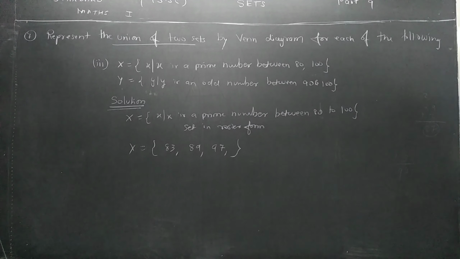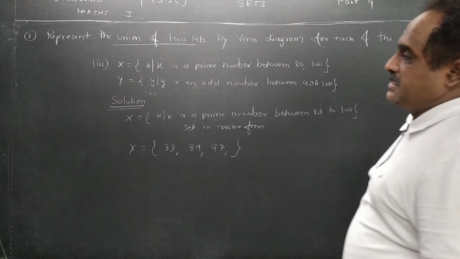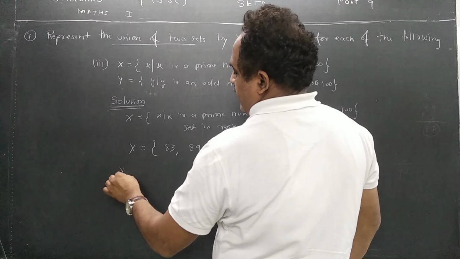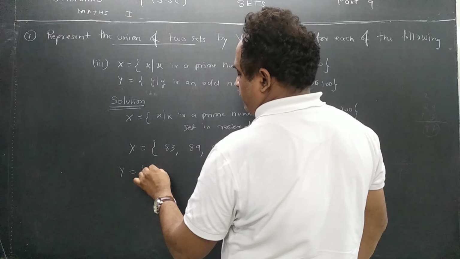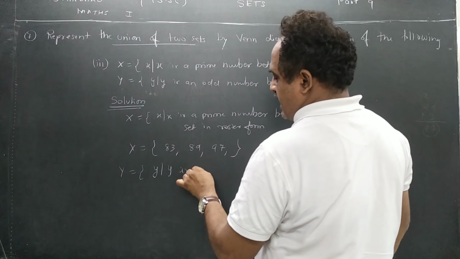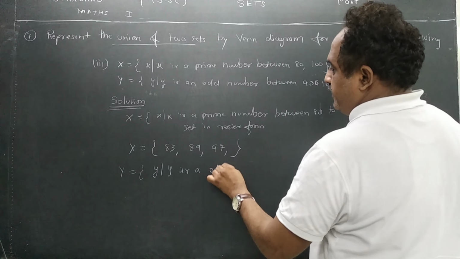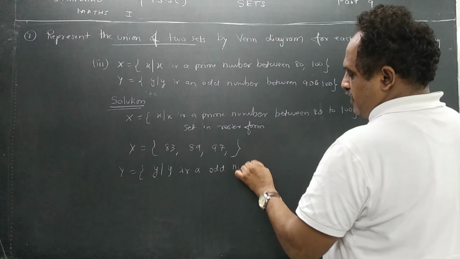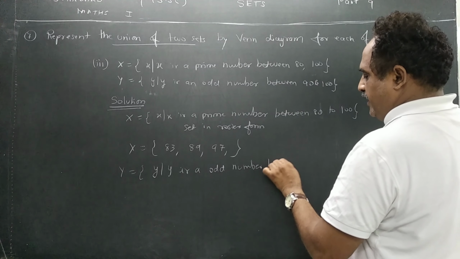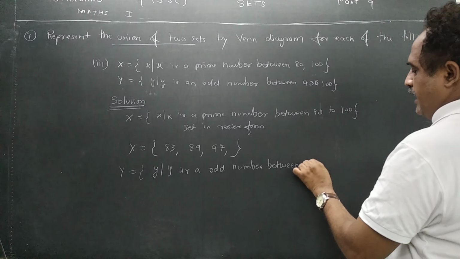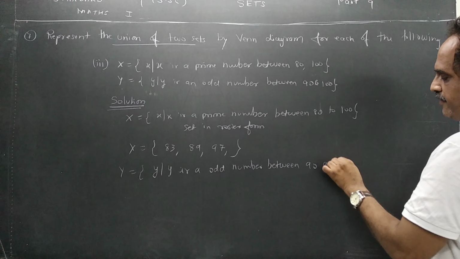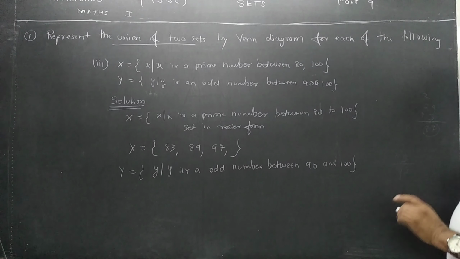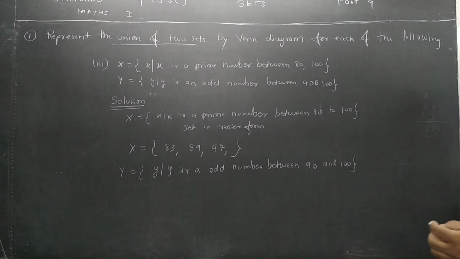You got it? This is X. Now, Y is a set of all Y, Y is an odd number between 90 and 100. ये आपके लिए इजी है. 90 to 100 के odd numbers.